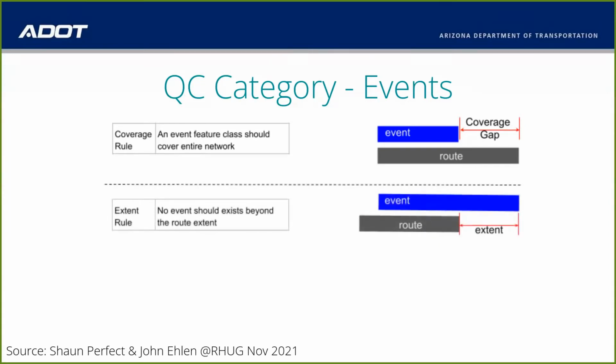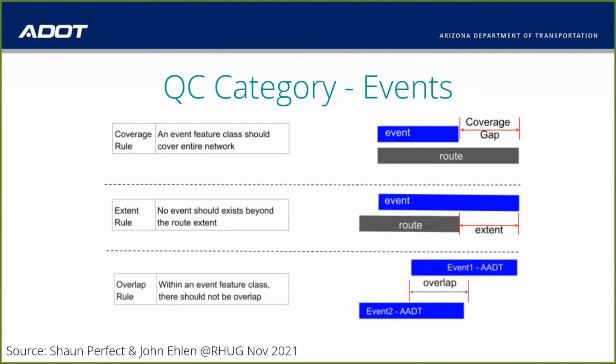Then an event cannot exist beyond the route, the extent on which it belongs to. So this is an extent error. Then we also have overlap rules. Within a single event type, we shouldn't have overlap, okay?